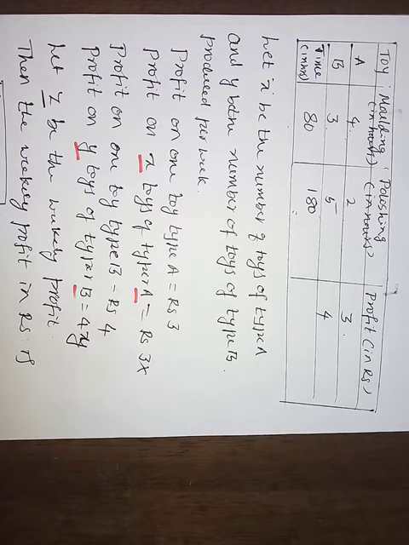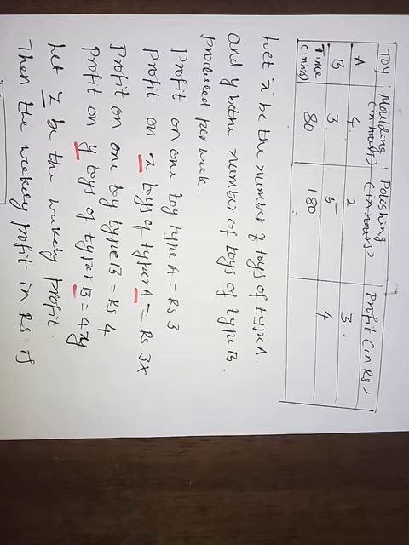X represents type A toys, Y represents type B toys, and these are the numbers of items produced. For these items we get a profit of 3 rupees for toy A, that's why we multiply, and 4 rupees for B, and summing it we get the maximum profit.